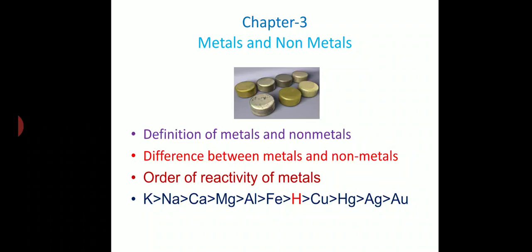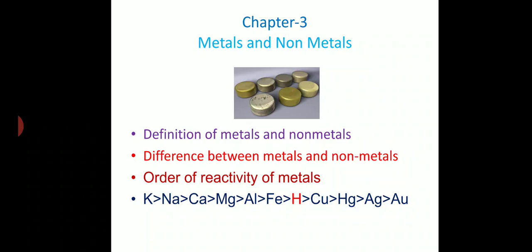So when we learn the physical properties of metals and non-metals, metals are hard, malleable, ductile, sonorous. Non-metals are just opposite to metals, with some exceptions. Regarding the difference between metals and non-metals, you have been learning from your 8th class, right?